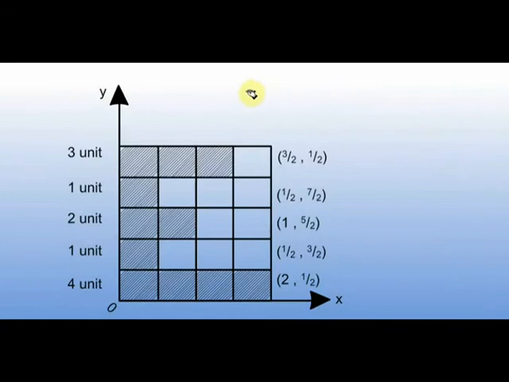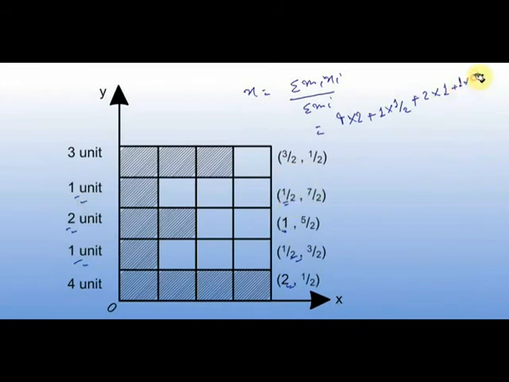As we have already defined, the x coordinate would be sigma mi xi by sigma mi, that is 4 into xi, which is 2, plus 1 into xi, here xi is 1 by 2, plus 2 into 1, plus 1 into 1 by 2, plus 3 into 3 by 2, by sigma mi, that is 4 plus 1 plus 2 plus 1 plus 3.